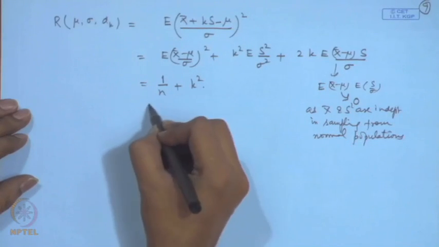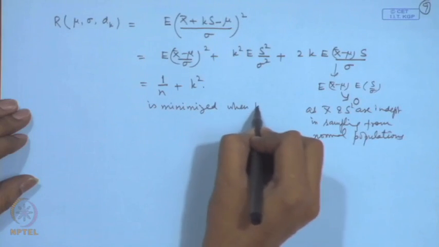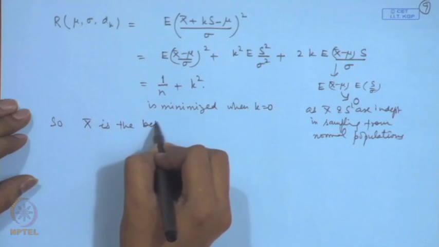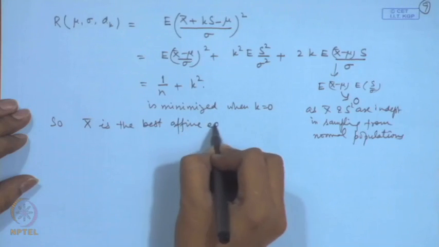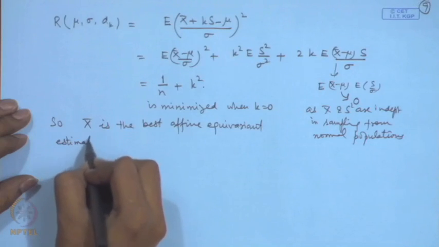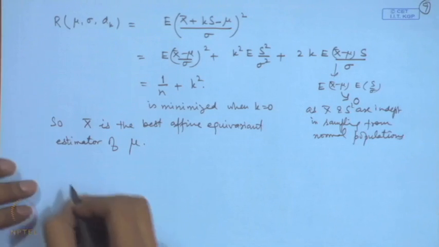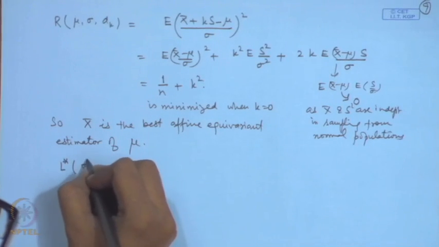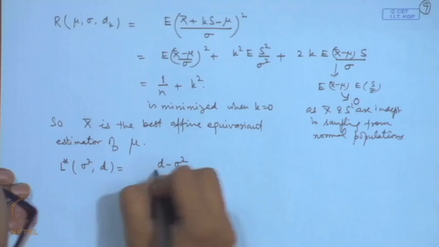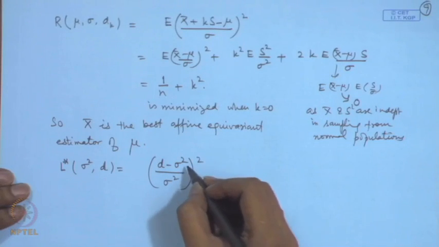Once again this is minimized when k equal to 0. So, x bar is the best affine equivariant estimator of mu. Suppose I take the loss function here, that means the problem is of estimating sigma square.